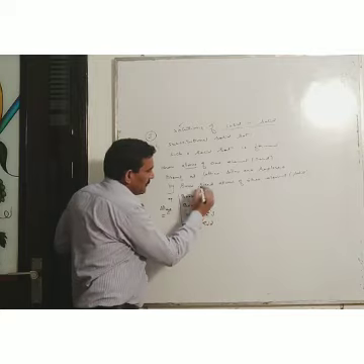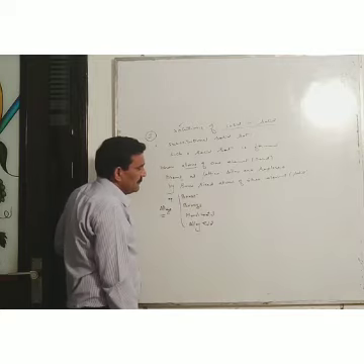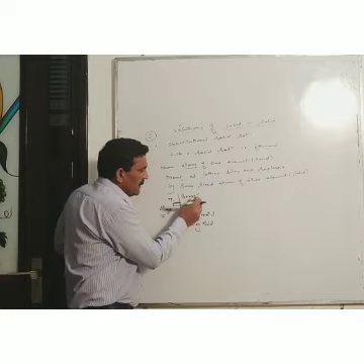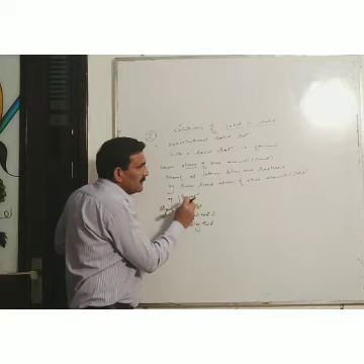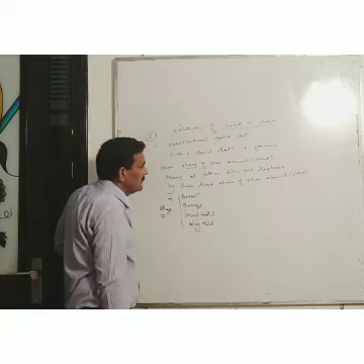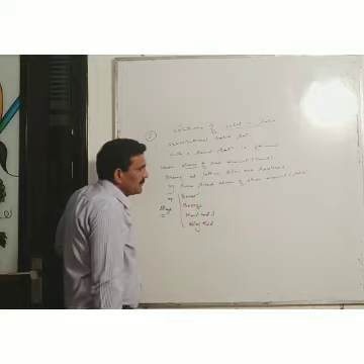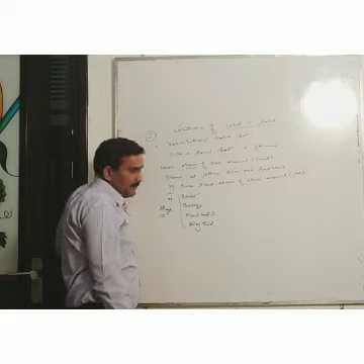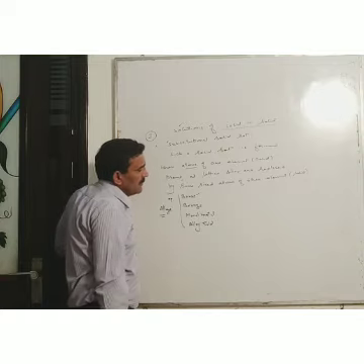For example, in brass, some of the copper atoms are replaced by zinc atoms. That is, some of the copper atoms which are present at their lattice points or lattice sites are replaced by zinc atoms.